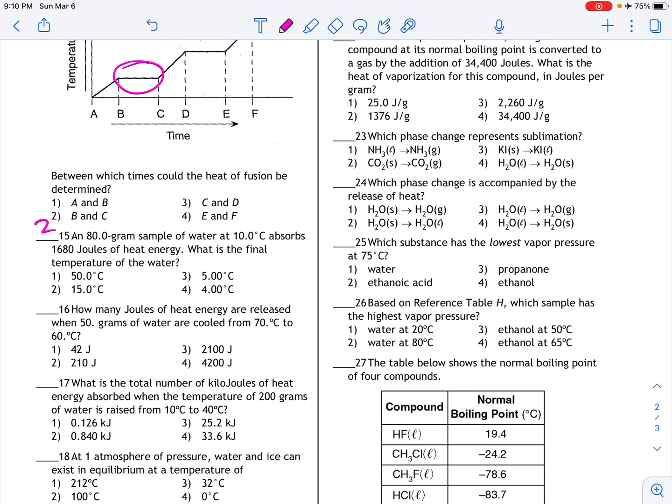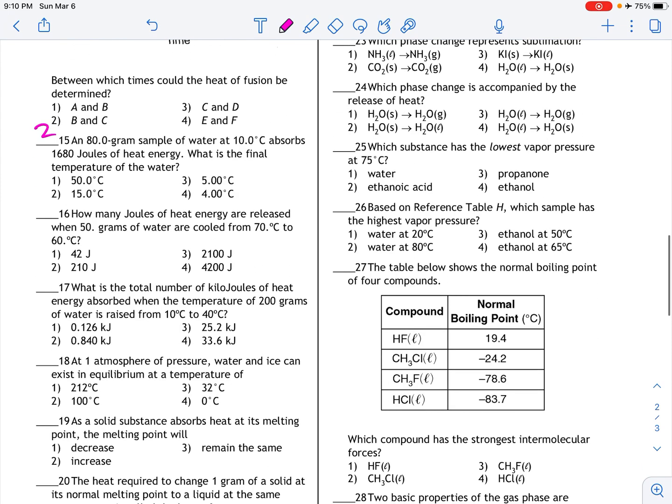How many joules of heat energy are released? Okay, so again, we've got a delta T. Q equals 50, 4.18, 70 minus 60. Technically, T final minus T initial would be negative 10. We could account for that because of the word released. None of these answers are negative, but the word released means given off, exothermic.